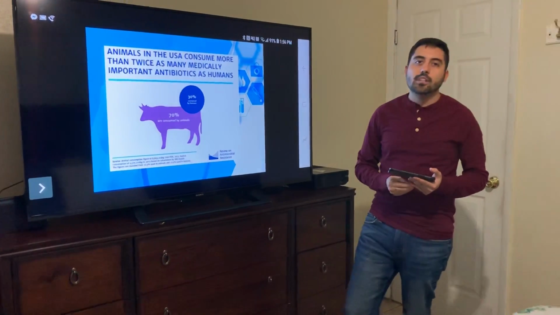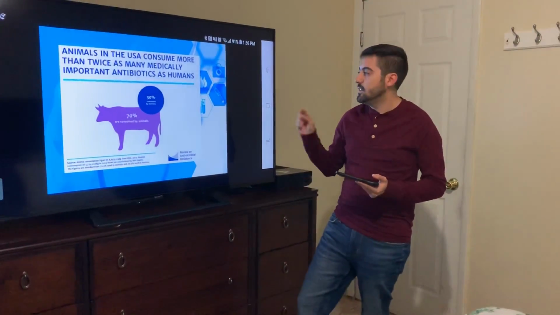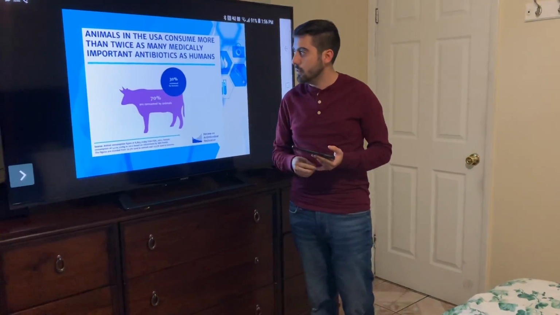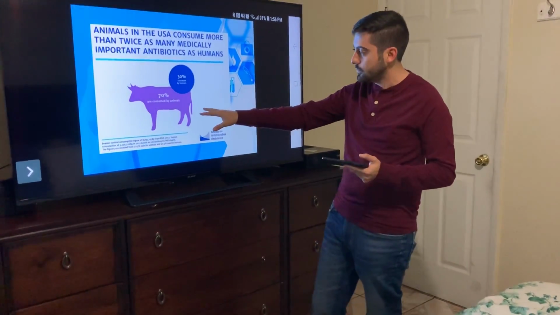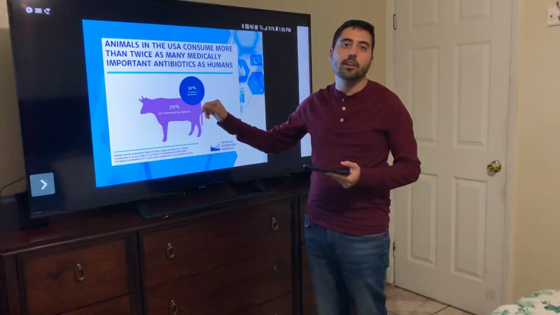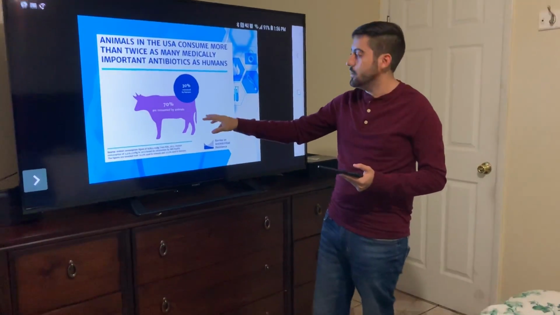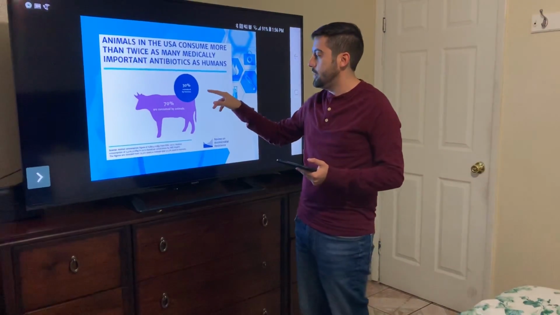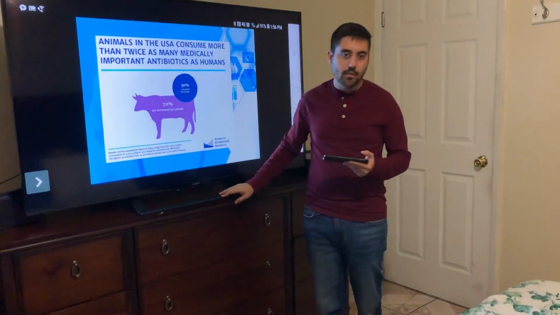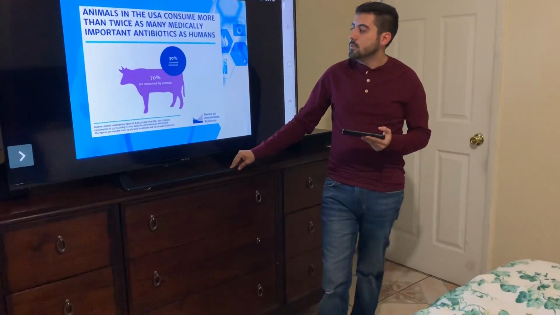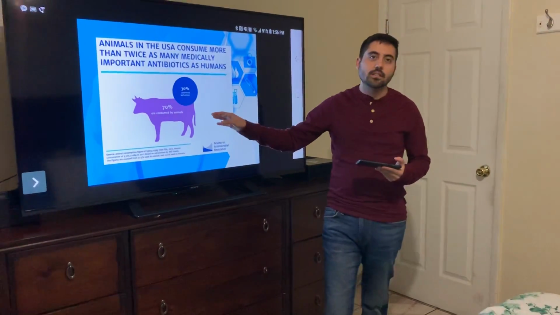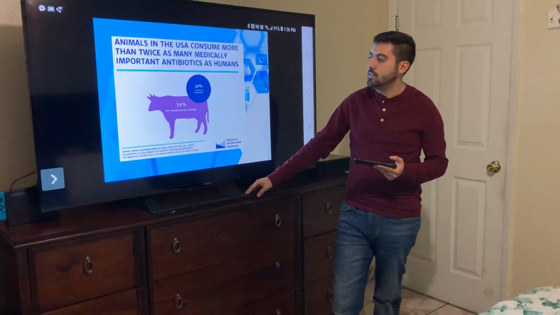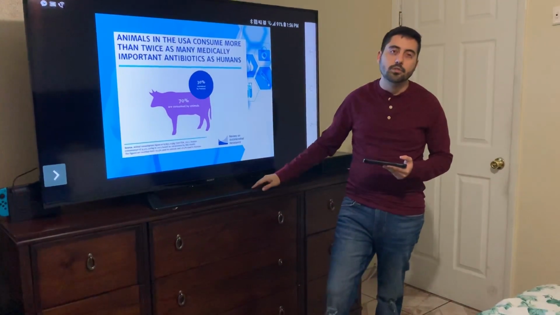So the second point I want to discuss is antibiotic use in livestock. As you can see in this figure, according to a study by the CDC, 70% of all the antibiotics we create in this world is consumed by animals, and only 30% is used by humans. We use antibiotics in livestock because we try to increase the yield of meat that we can produce.